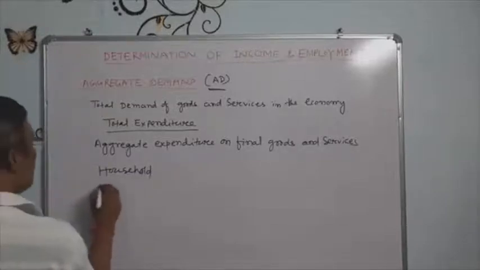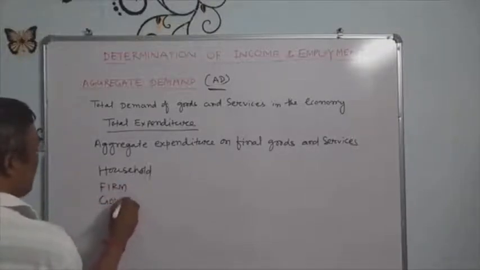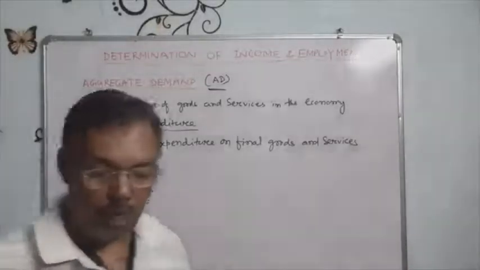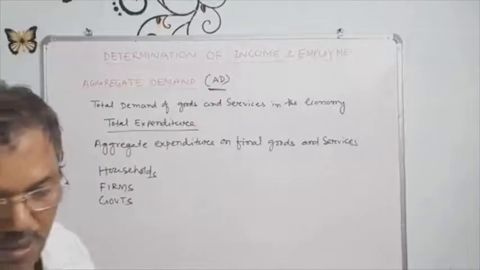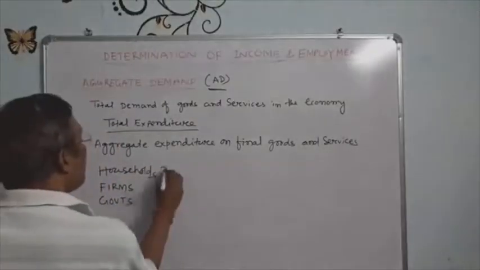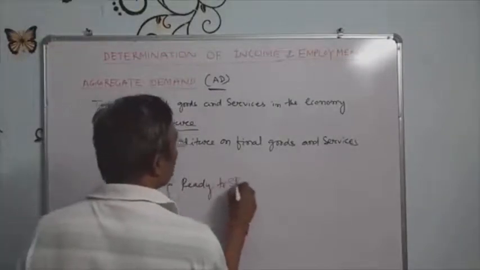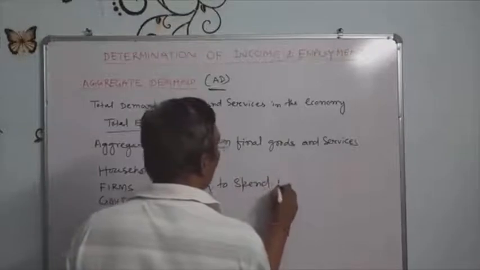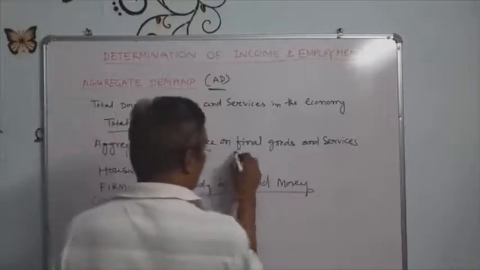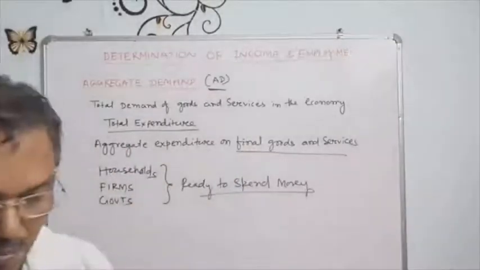We have already known household, firm, governments. These three sectors, when they are ready to spend money for purchasing final goods and services, that is known as aggregate demand.